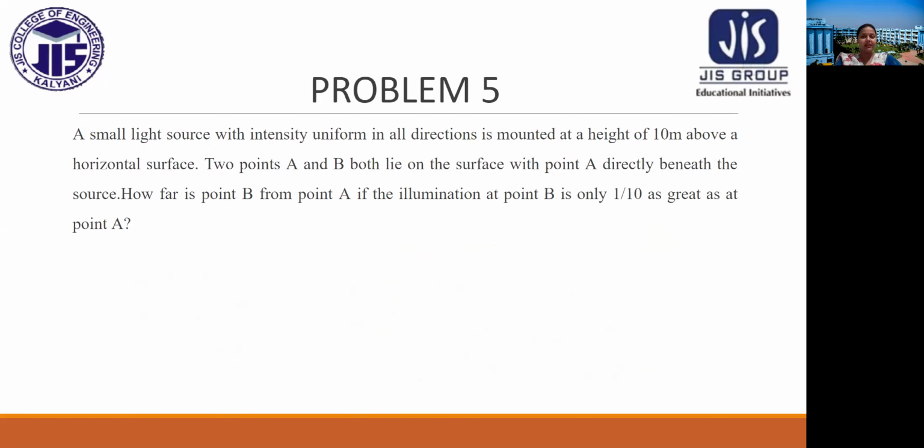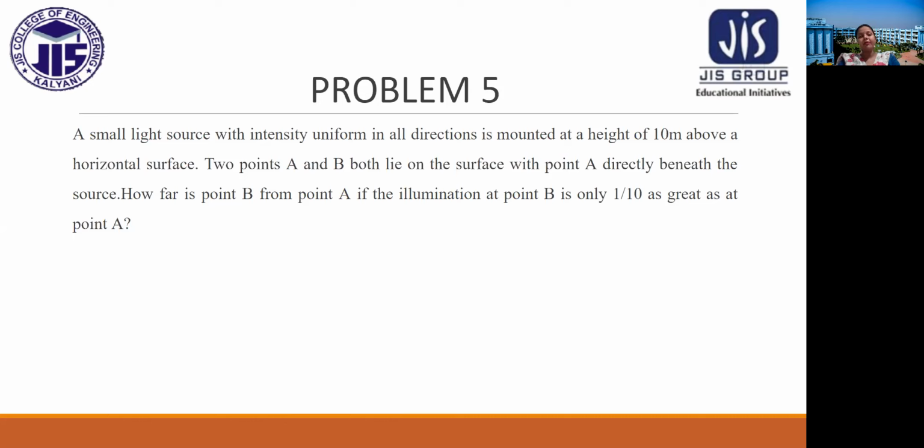Next problem. A small light source with intensity uniform in all directions is mounted at a height of 10 meters above a horizontal surface. 2 points A and B both lie on the surface with point A directly beneath the source. How far is B from point A if the illumination at point B is only 1 by 10 as great as at point A?